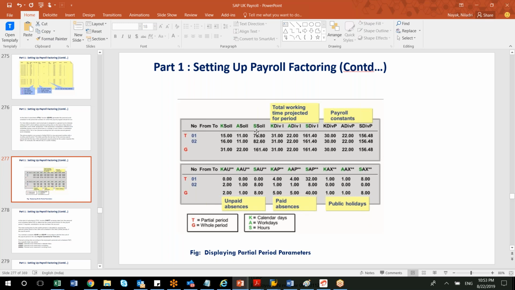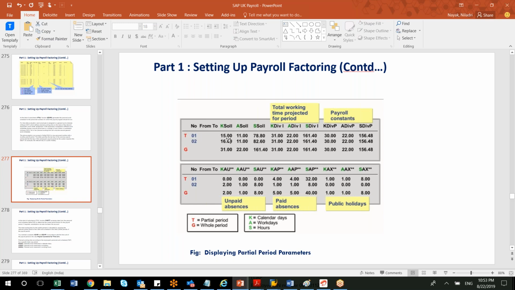And S is again related to the hours. For that particular month, your total working hours is 161.40. How many hours have you actually worked, if it is a partial period, in the case of T?